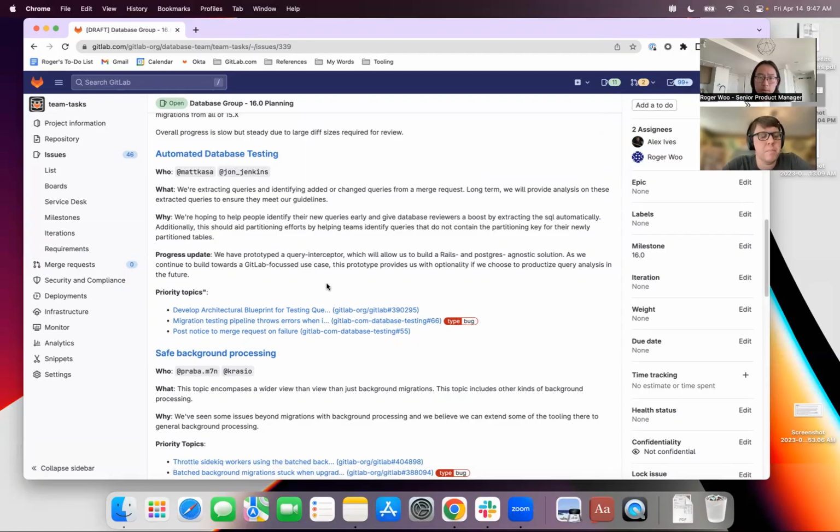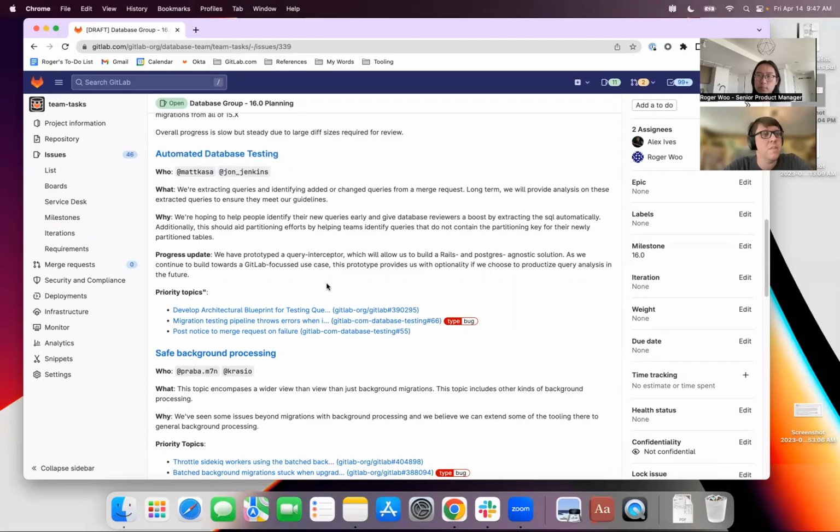Yeah, so we don't have a lot of things hard set in stone just because that blueprint is still ongoing, but we're hoping in 16.0 to get some of the next steps happening. In a couple of releases ago, we prototyped a query interceptor, and we're hoping to get that interceptor installed in at least one of our projects.